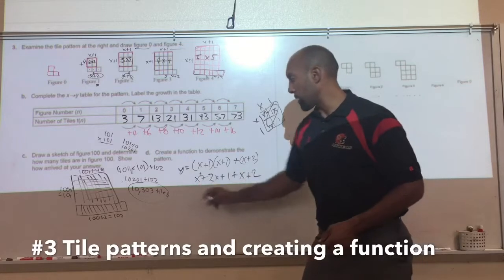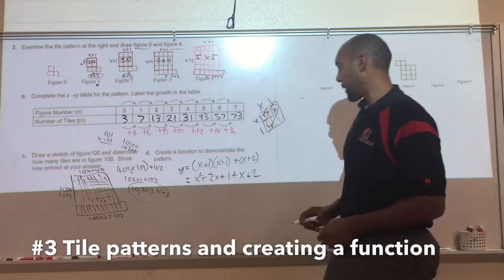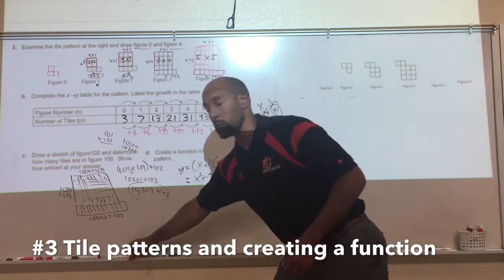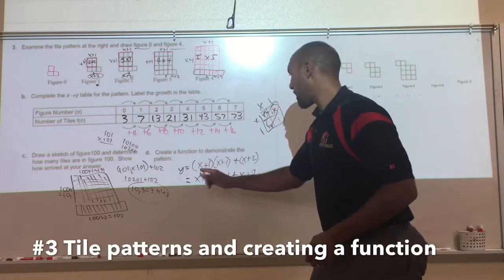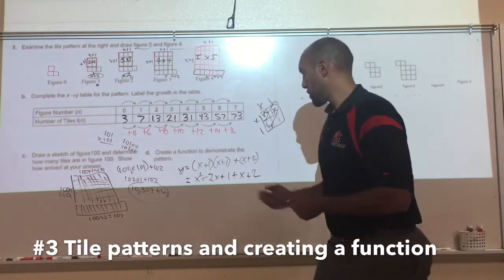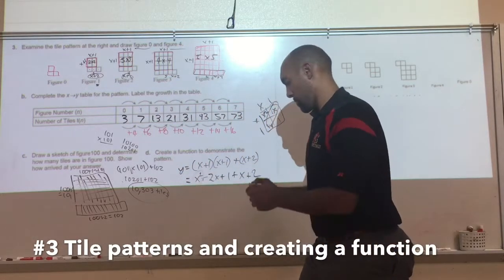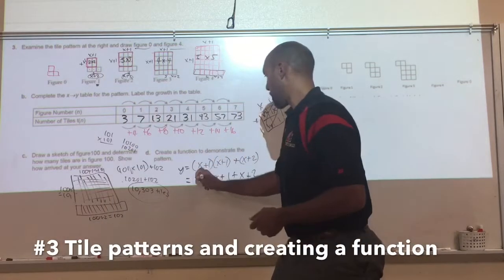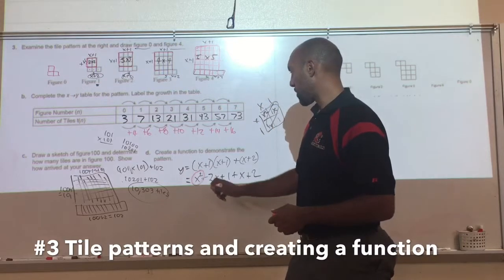And now we're just going to combine all this together. Okay, so I'm going to remember to combine the like terms. So now I have x squared by itself there. Let's get a better color. So we have x squared there.